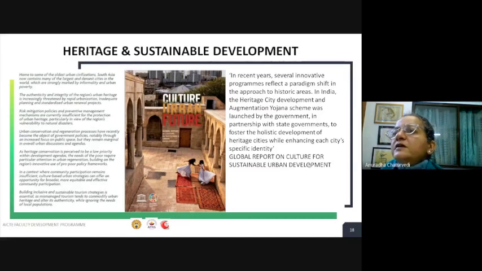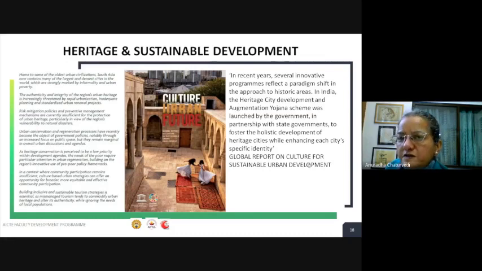So in India, there is the Hriday scheme, which has been identified by UNESCO, which is the Heritage City Development and Augmentation Yojana, which had been launched by the government in 2014 in partnership with state governments to foster the holistic development of heritage cities while enhancing each city's specific identity.